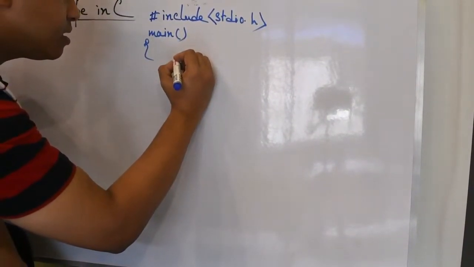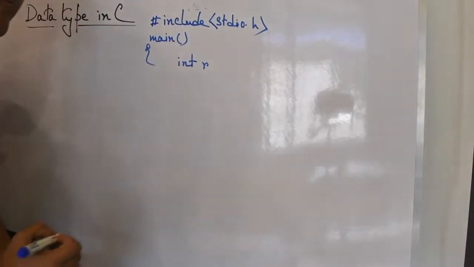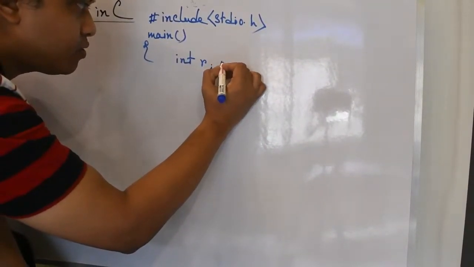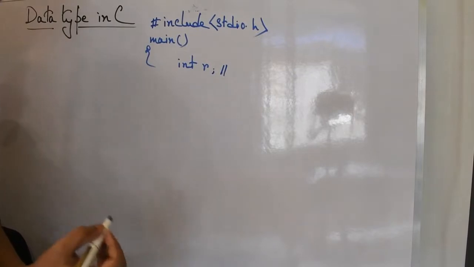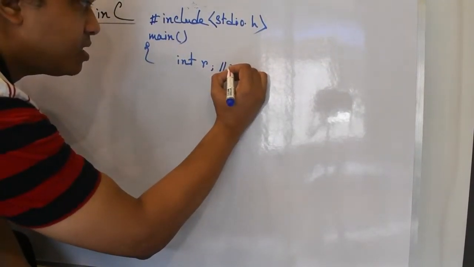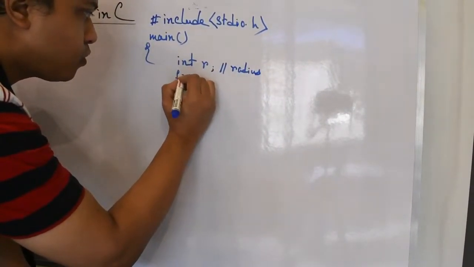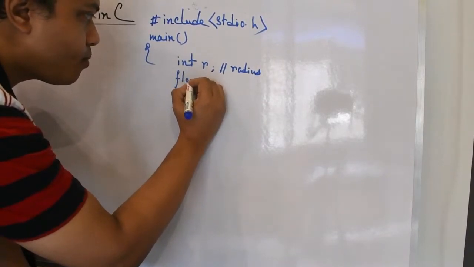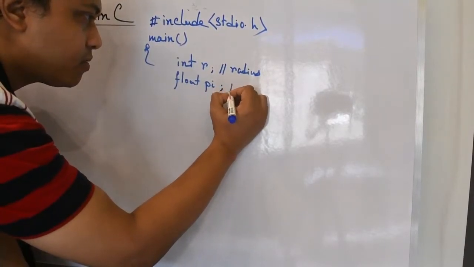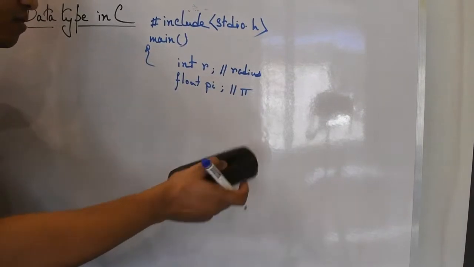Here let us consider int r, because we are going to calculate the area of a circle, where r means radius. Float pi, which is basically the value of pi.